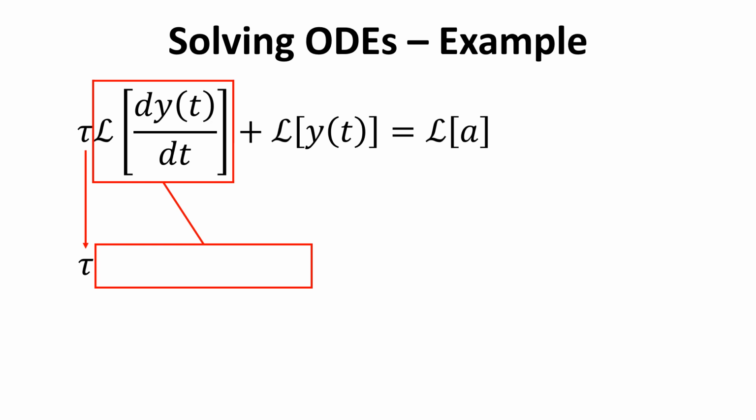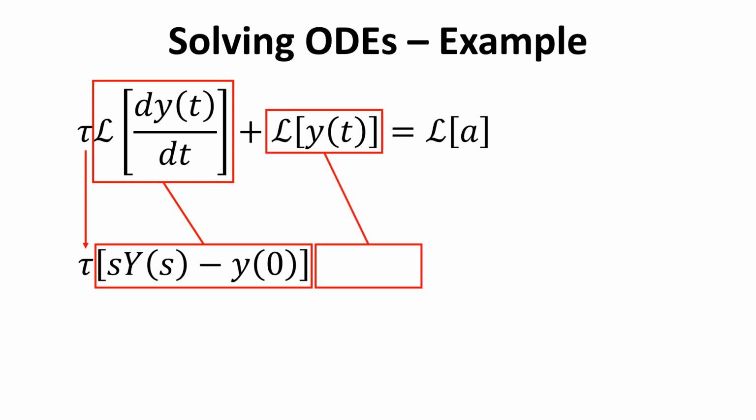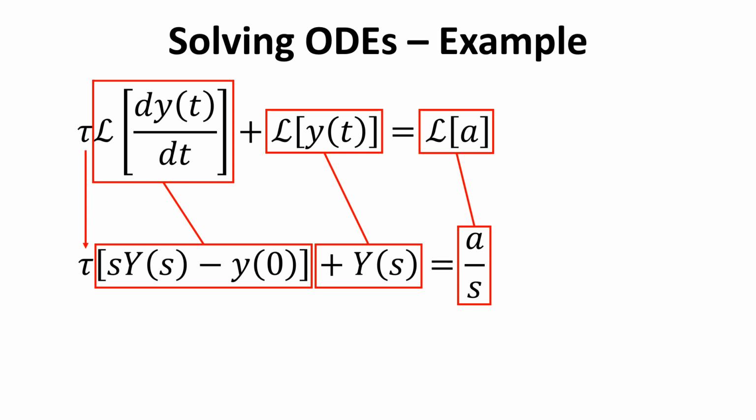And from the earlier slides, remember we said that the Laplace transform of dy by dt is s times capital Y of s minus lowercase y of 0. So we can substitute that in from what we saw earlier. Now the Laplace transform of a lowercase y of t, we can just put in capital Y of s, and then for the constant we just get a divided by s.